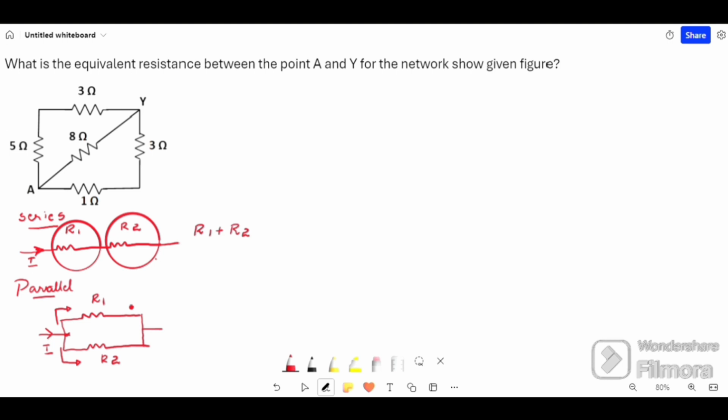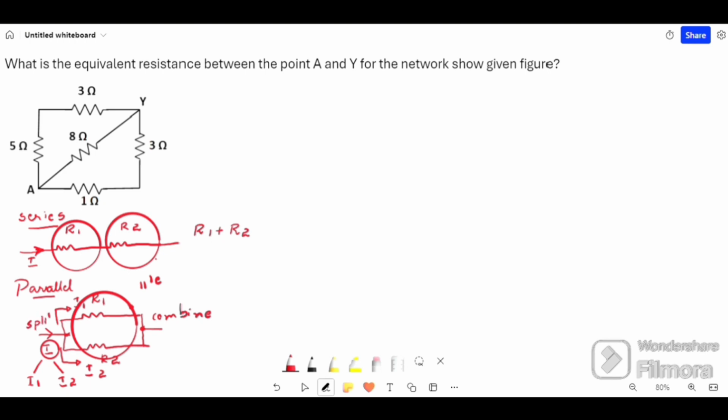So it will split into two paths. Let us consider that current I is divided into two parts, I1 and I2. Then the part of the current I1 will flow in the direction of R1 and I2 will flow in the direction of R2. This type of connection where current gets split is known as parallel connection.